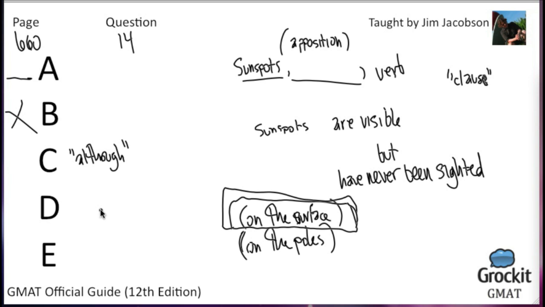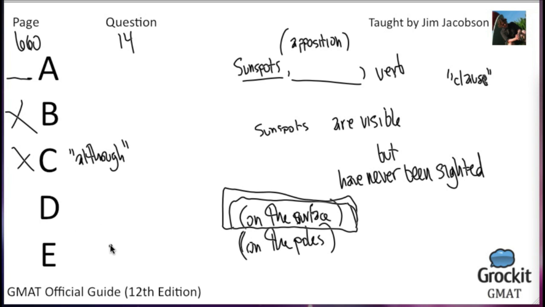So you can say that, but normally although is used as a subordinating conjunction. So here, where are we? I already lost track. We are on C. The sunspots appear on the surface of the sun as dark spots, although never sighted at the sun's poles or equator. Although in that case is used kind of weirdly because never sighted is not a main verb, and although normally will have a main verb with it. So choice C's got that strange use of although.